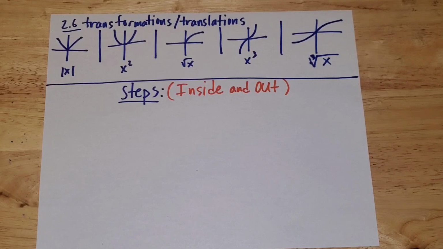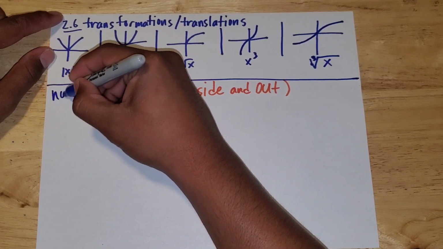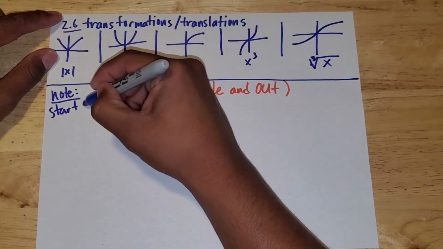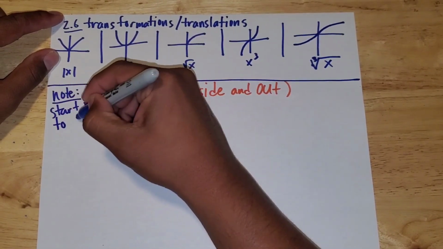The idea of what I mean by in and out is that things are going to look like they're inside the function, and then I'm going to describe it as being outside of the function. And you're going to hear me say that back and forth, inside, outside the function. Another note is that we're going to be starting closer to x and getting further away from x. So I'm going to put a note here: start next to x.